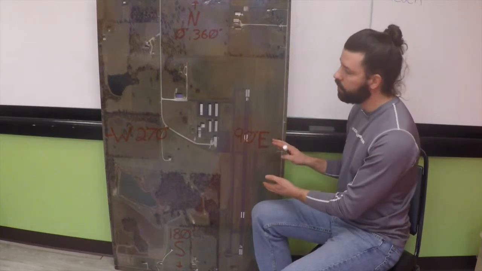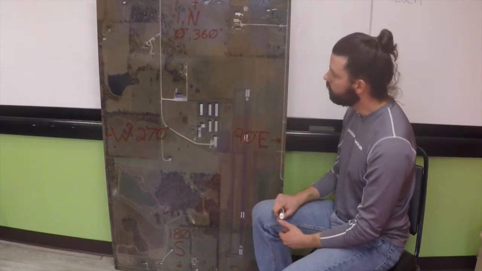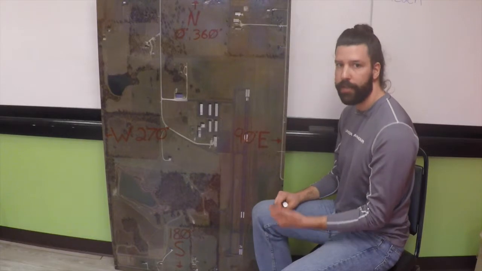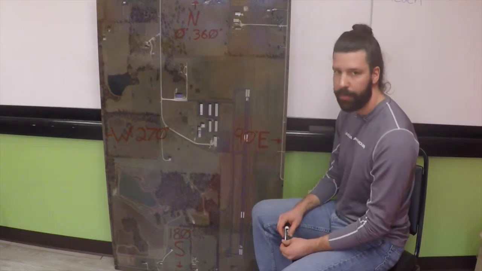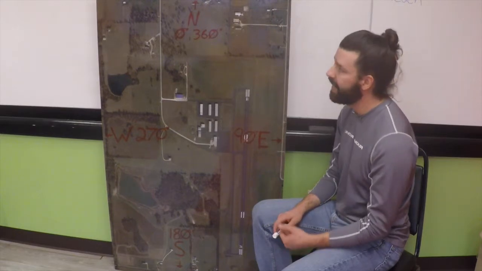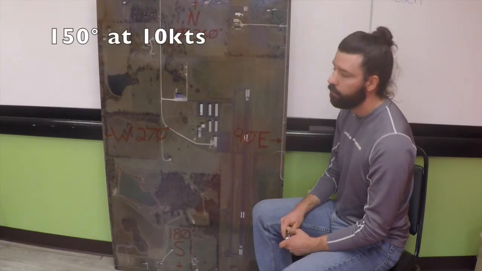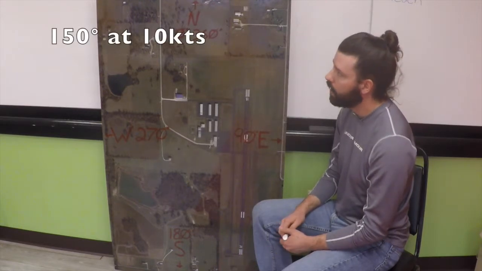So now we're going to take the winds aloft that we looked at on the board and map them out and apply them to our aerial view along with the degrees of the wind direction that they are coming out of. Again, remember, anytime you read wind direction, it's what direction the winds are coming out of. So on the ground, the winds are coming out of 150 at 10 knots.